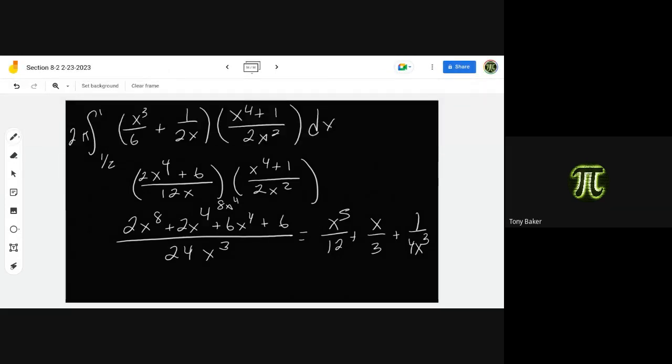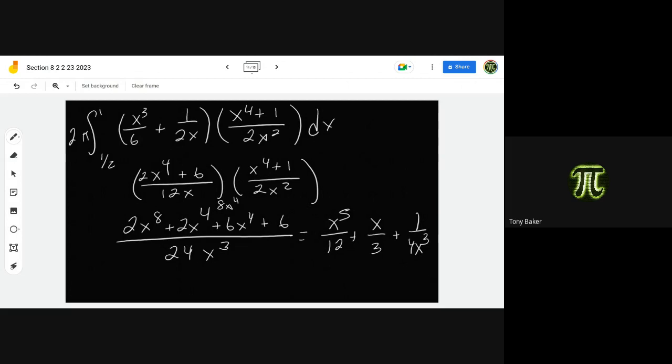I got it. Yeah, now I got to do the integral of it. That should be right now, though, right? Because 2x to the eighth, 2x to the fourth, 6x to the fourth, 6.